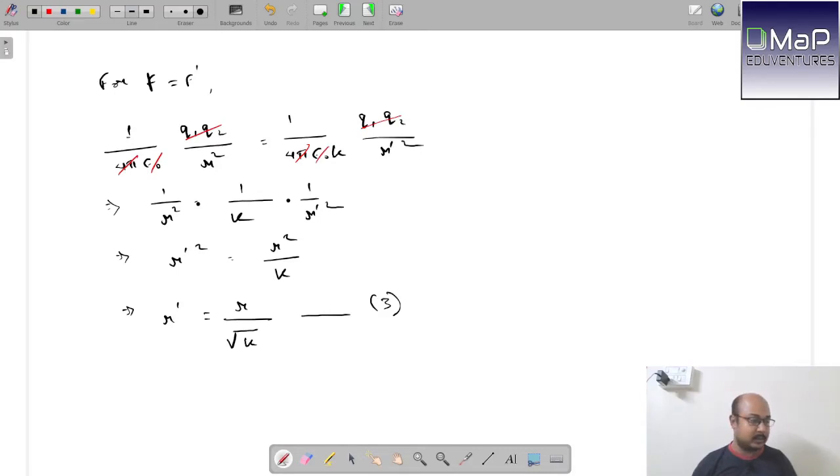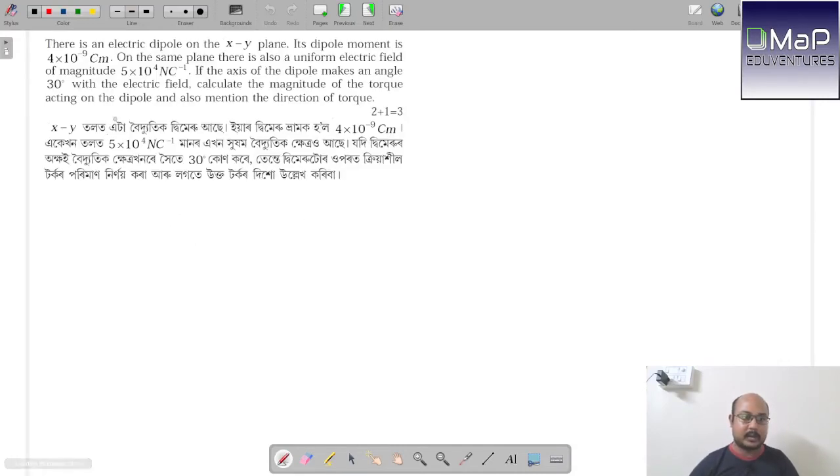Okay, so this is question number 2f. Then we move on to question number 3a. The next question, 3a, is: there is an electric dipole on the xy plane. Okay, here you have to imagine, and if you can, give a diagram, it is always better. Its dipole moment is 4 into 10 to the power minus 9 coulomb meter.